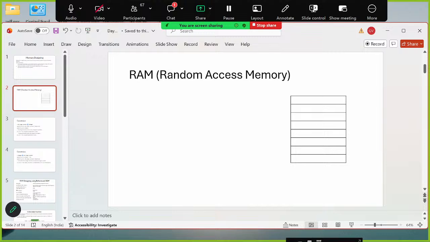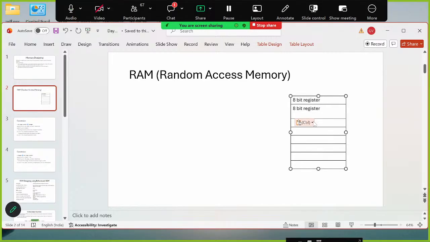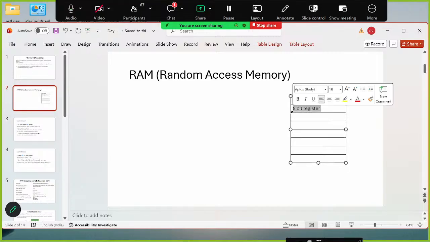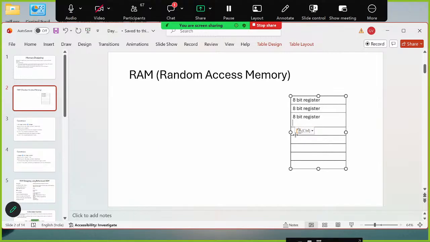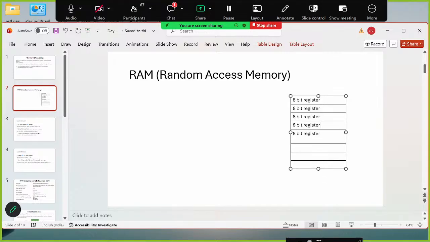So this is an 8-bit register, and all are 8-bit registers so that they can store 8 bits of data. 8 bits of data means every register can hold 8 bits: 8 bits this, 8 bits this, and so on.